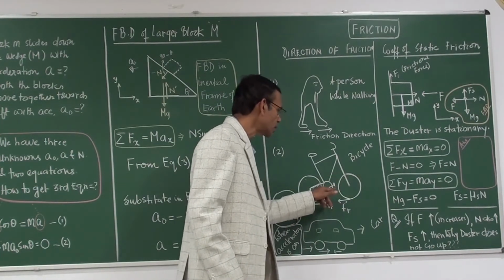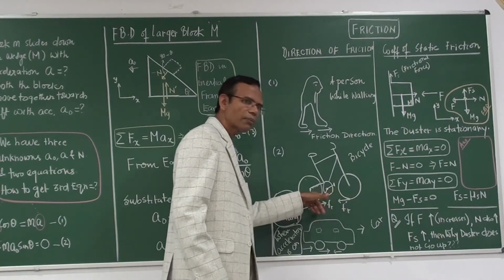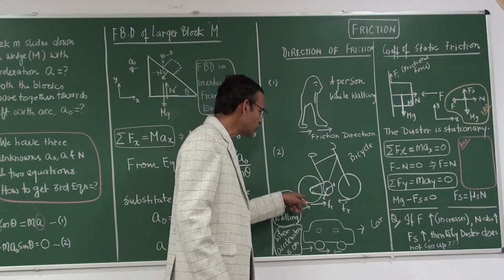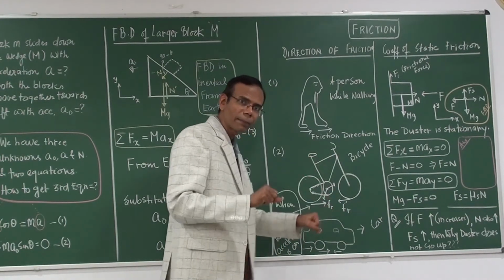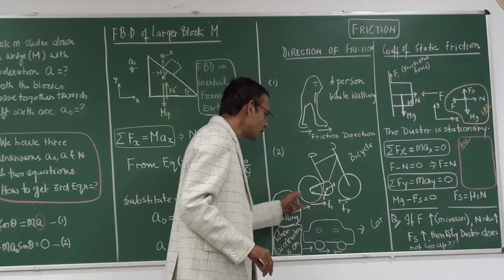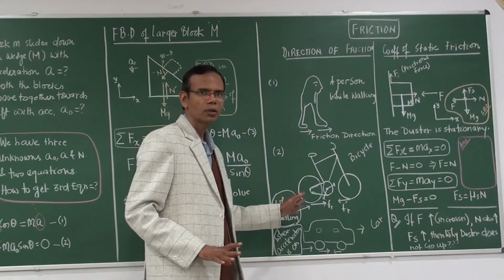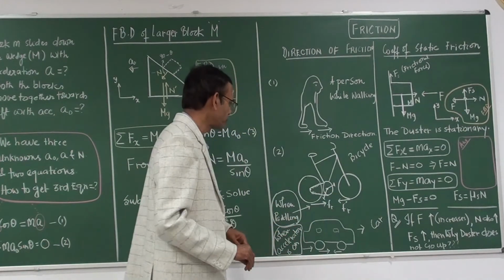The front wheel is basically just rolling, so in the front wheel it is in the backward direction, but in the back wheel it is in the forward direction, mind it, when he is pedalling. When he is not pedalling, both frictions should be in the opposite direction, in the tires at the end where they touch the ground.